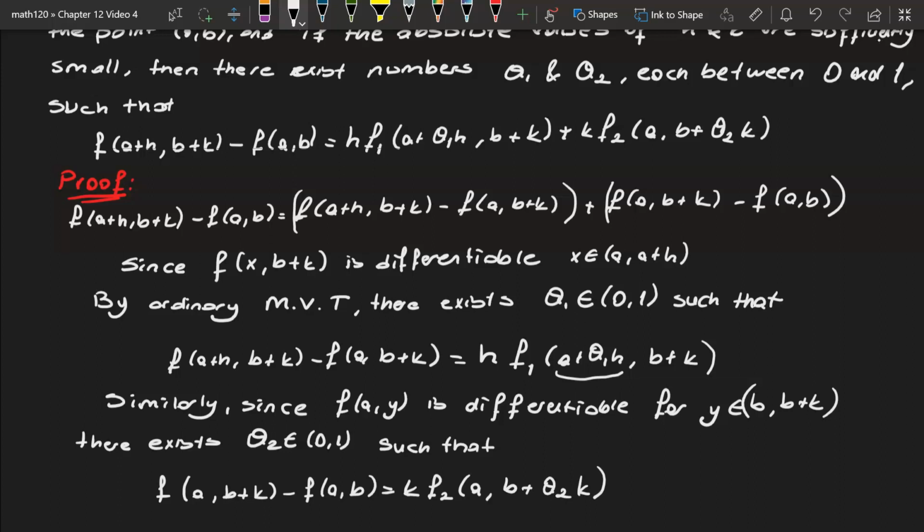And this is the result that we want to get. We have shown the equality. Okay.